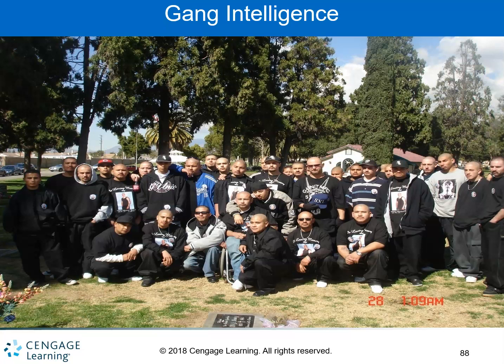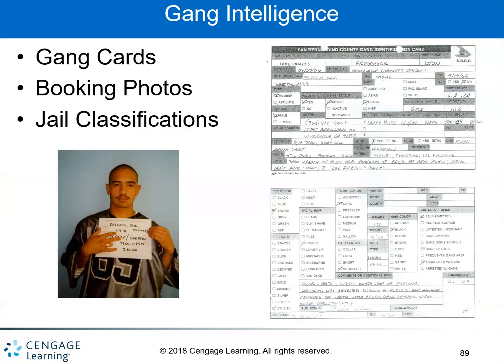So what these allow on the investigative end is a good opportunity for law enforcement to get license plates of all of these vehicles, to take pictures of them together as a group, should we need to testify later on that they're all involved in the same gang, and to be able to identify other individuals within the gang. So these pictures are very, very important.